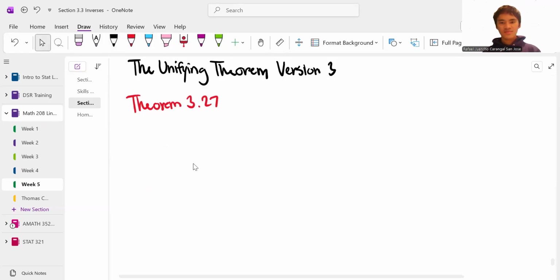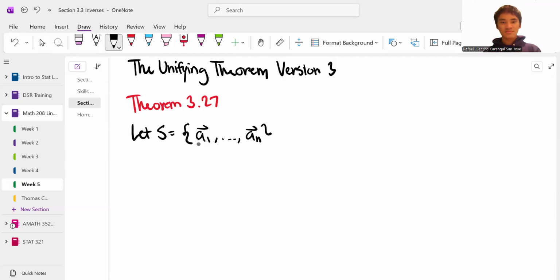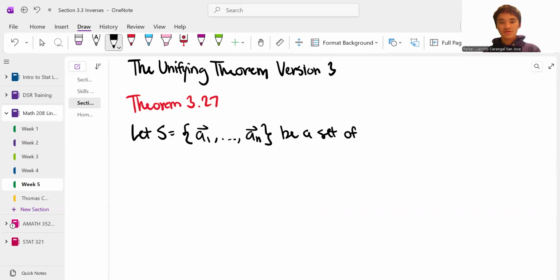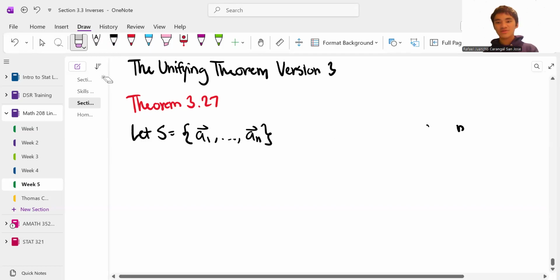So this unifying theorem states that, say we have S, a set of vectors A sub 1 all the way to A sub n. This is a set of n vectors in Rn. I'm going to shorten that, because I don't like writing English.